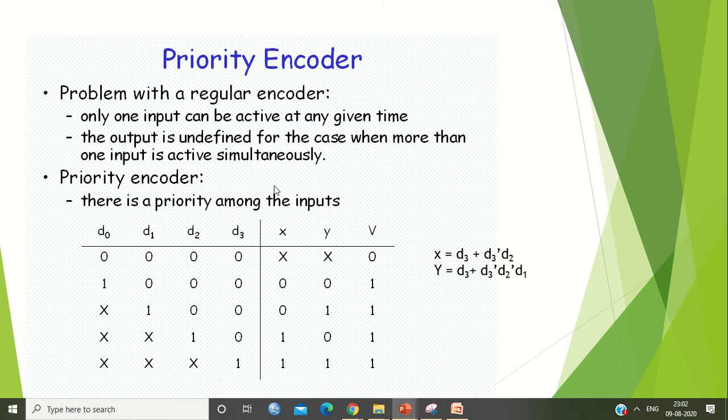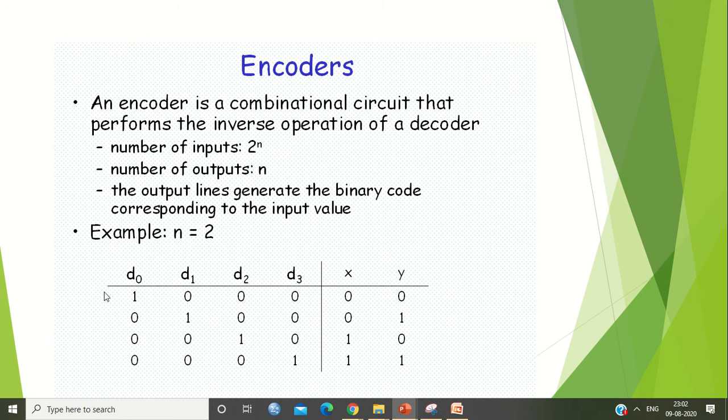For example, if D0 is equal to 1, the other D1, D2, D3 should be equal to 0. If that is the case, only then your output will be 0, 0. If D2 also becomes 1, then how will the output be? There occurs some redundancy, right? So we are going to prioritize which should be given priority.